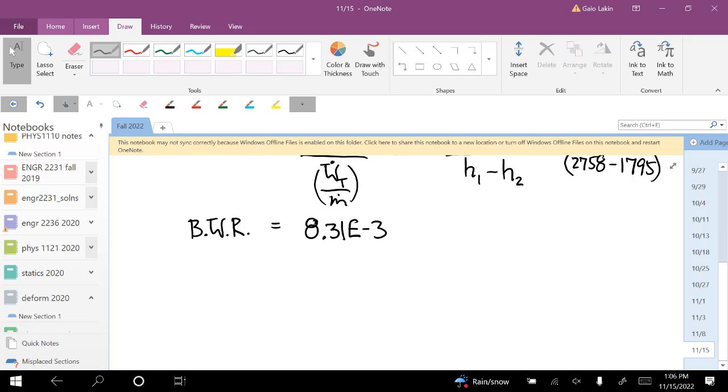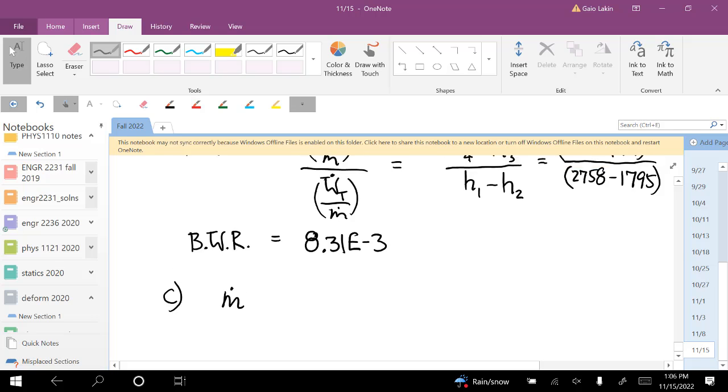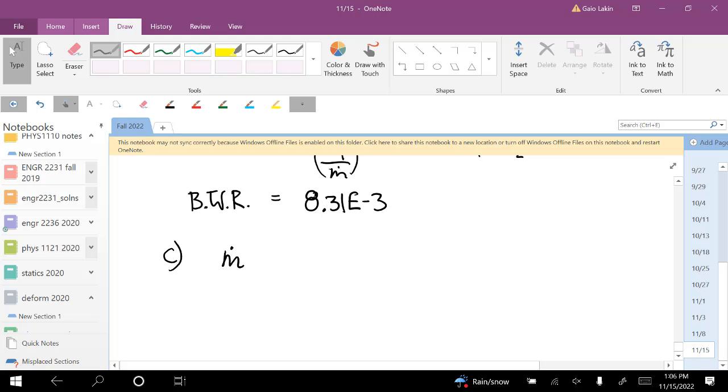Okay, so now we're on to part C. Mass flow rate of the steam. We're trying to calculate m dot. We know that the work dot done by the turbine minus the work dot required from the pump is equal to 100 megawatts, so 100 times 10 to the 6.